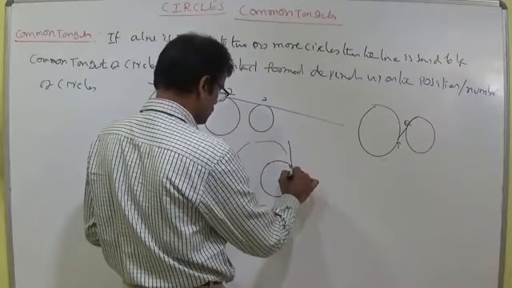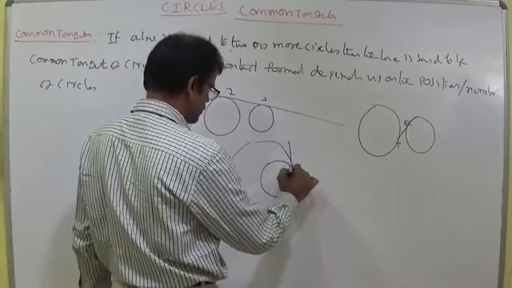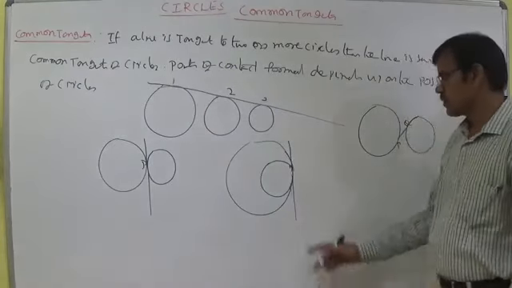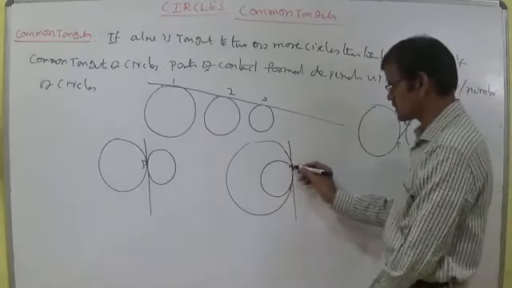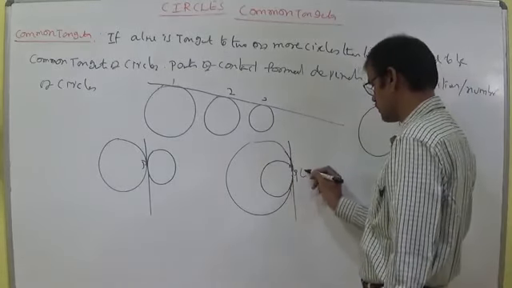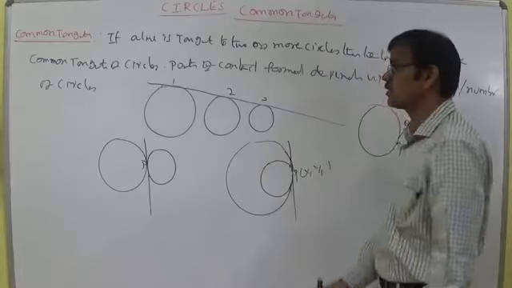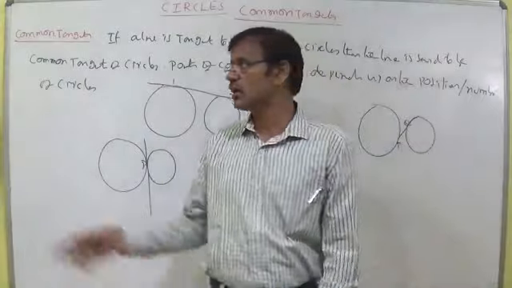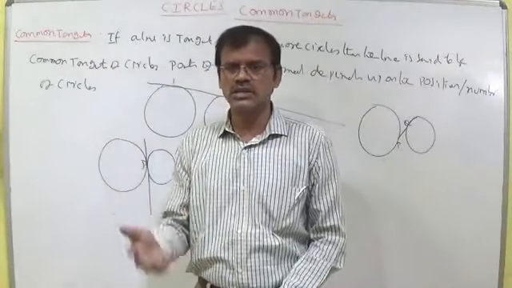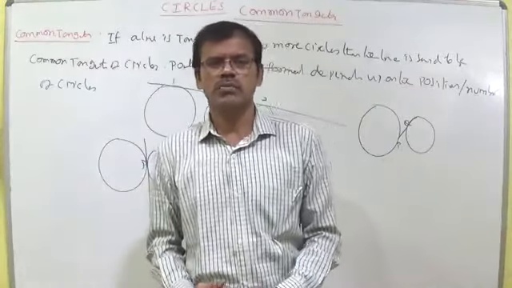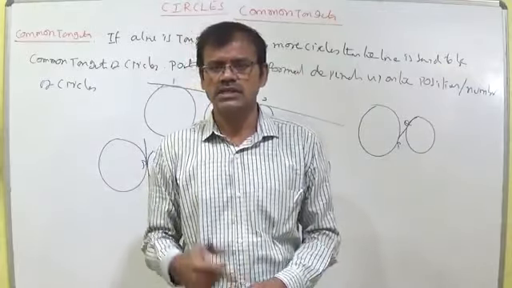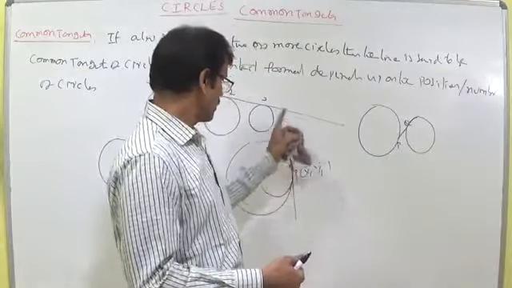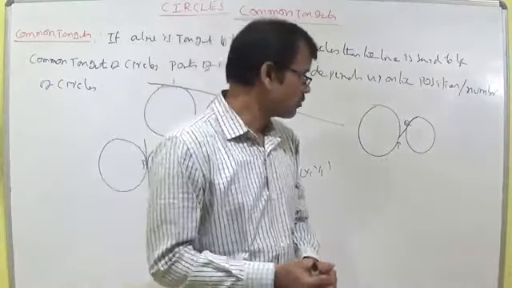The line is touching the 2 circles. This is the P, x1, y1. Only 1 point of contact. So if a line is tangent to 2 or more circles, then the line is said to be a common tangent of these circles. But the point of contact of the tangent and circle depends upon the number of circles or position of circles.